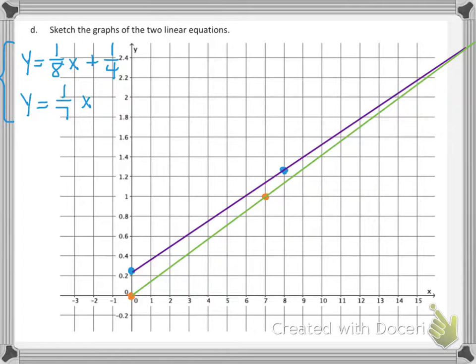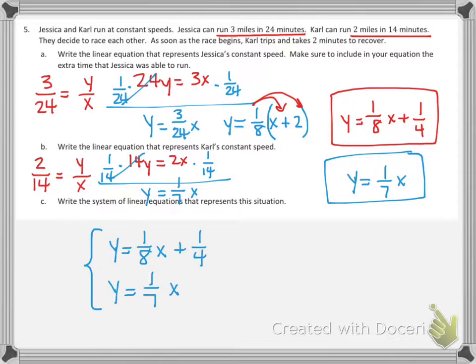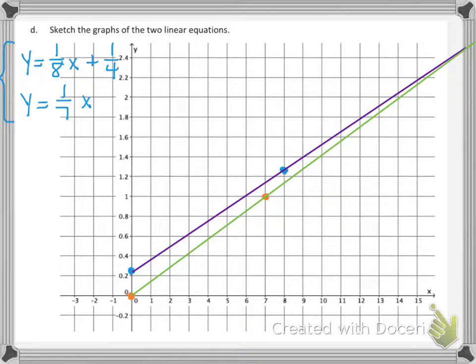And now we can answer some questions. The question is, when will Carl catch Jessica? So let's go back here. When will Carl catch Jessica? Well, it happens at the intersection, which is out here a ways, somewhere maybe out in here.